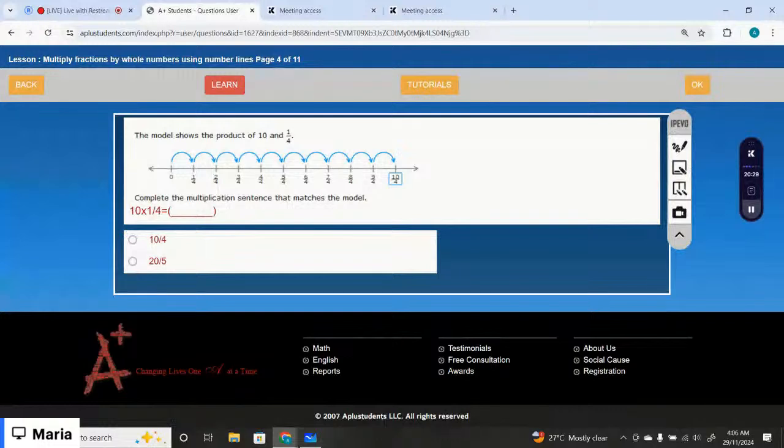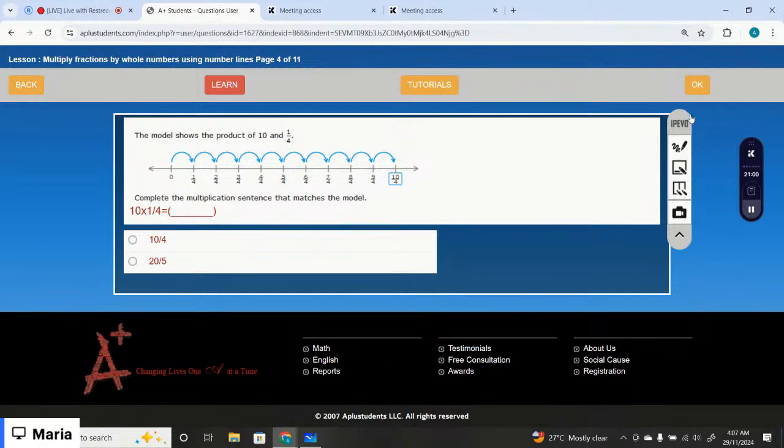The model shows the product of 10 and 1 by 4. Complete the multiplication sentence that matches the model. That is 10 over 4.